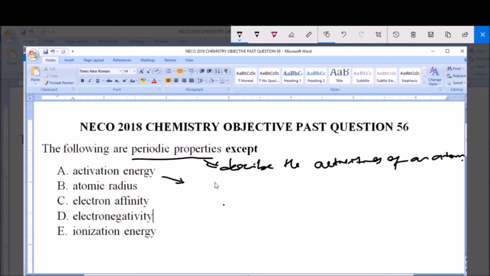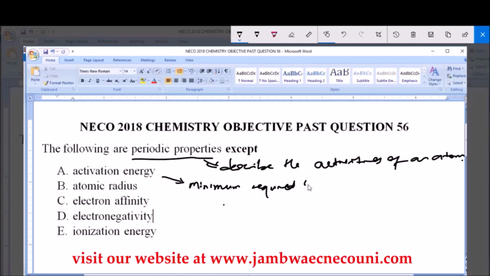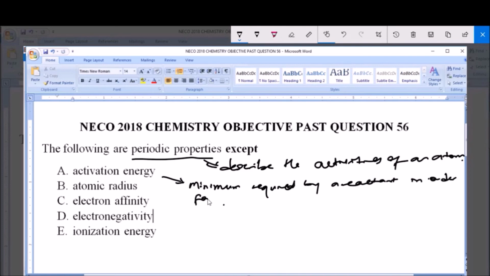Now, activation energy is the minimum energy that must be possessed or required by a reactant in order to form a product. If you look at this, you see that activation energy does not describe the activities of the atom, neither does it describe the properties of this atom or element. It just simply describes the reaction. That is, it is the energy that is required by every reactant before they can complete a reaction, that is, before they can give a product.